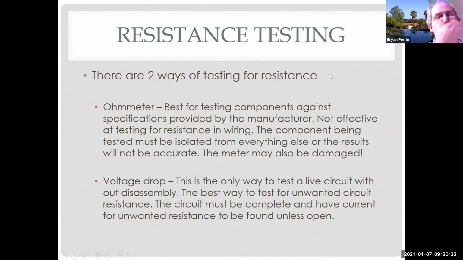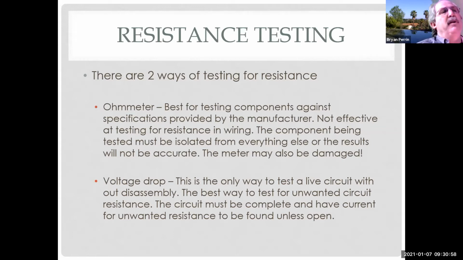So resistance testing. There are 2 ways of testing for resistance. An ohm meter is best for testing a component against specifications provided by the manufacturer. It's not effective for testing resistance in wiring. The component being tested must be isolated from everything else, or the results will not be accurate and the meter may also be damaged.